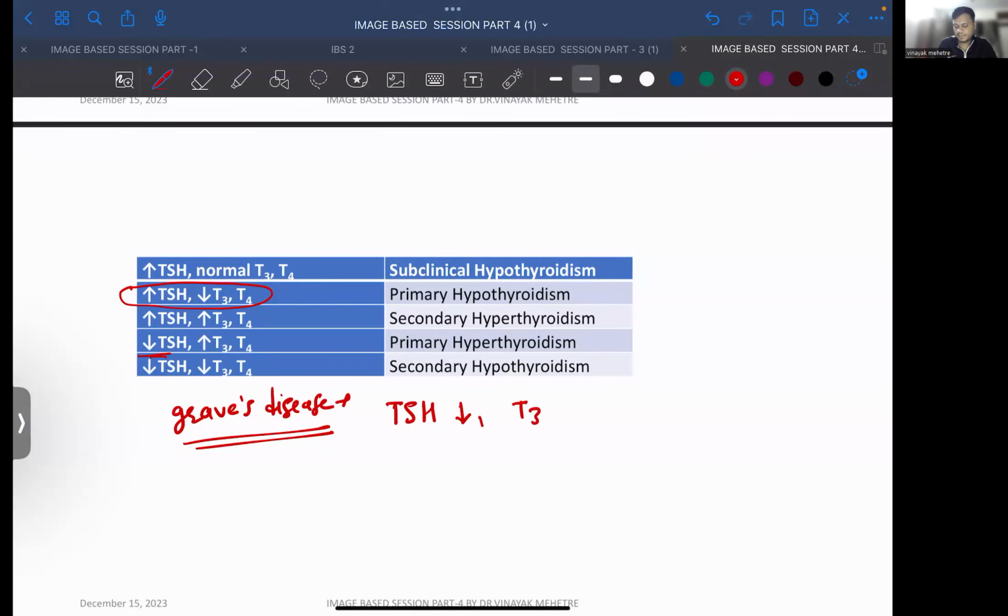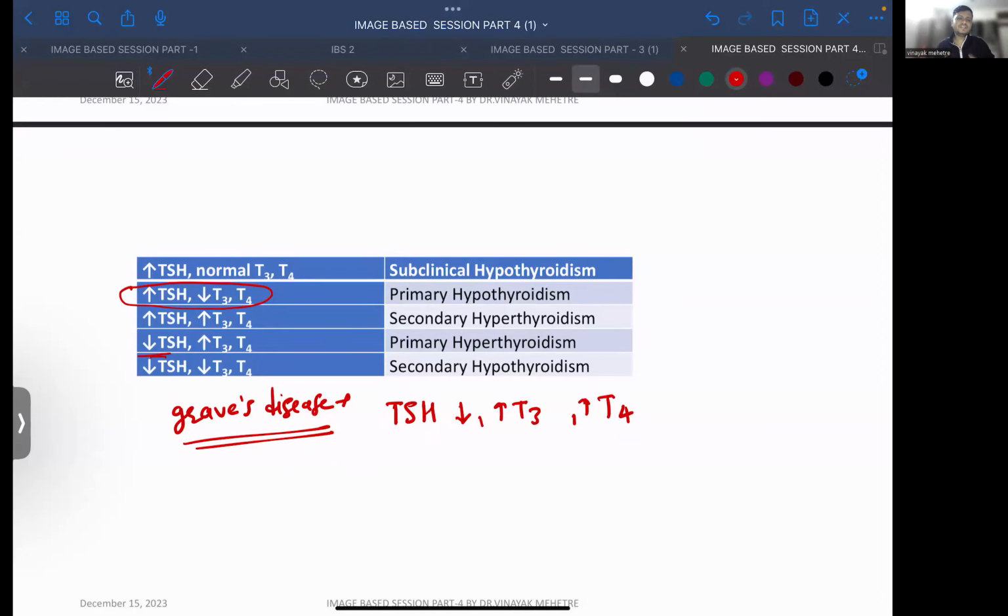What will happen with T3 and T4? Opposite, that is, they are going to increase. Okay, so this is the table. If you know this, most of the time your answer will be correct. Okay, बाकी नहीं पढ़ा तो भी चलेगा इसमें.